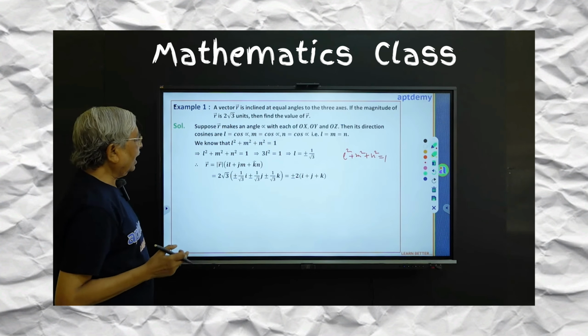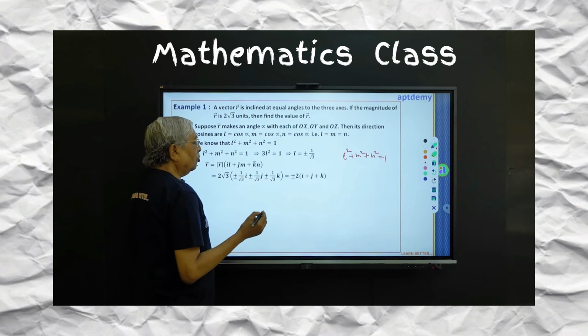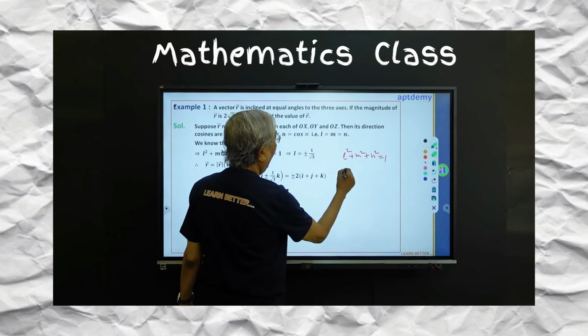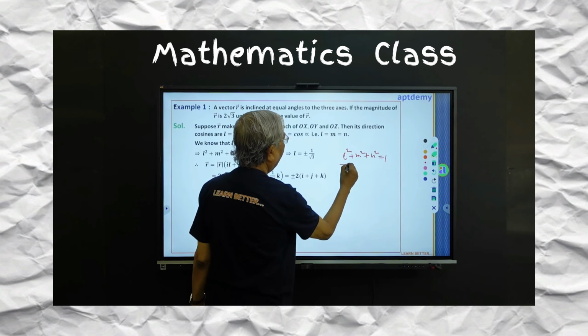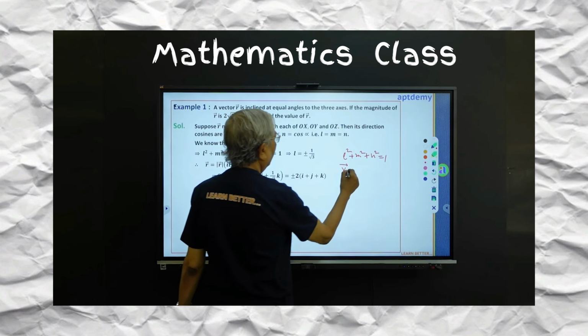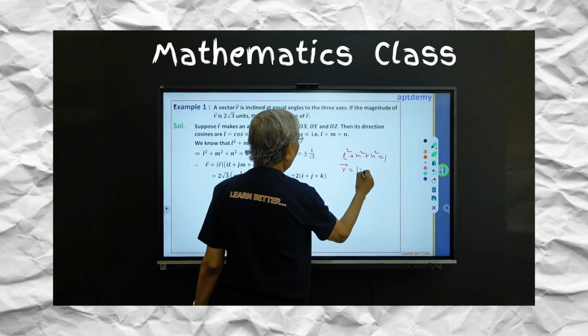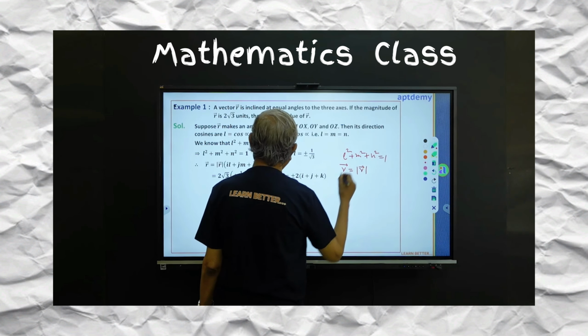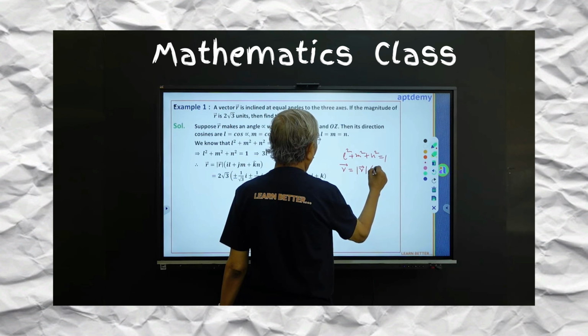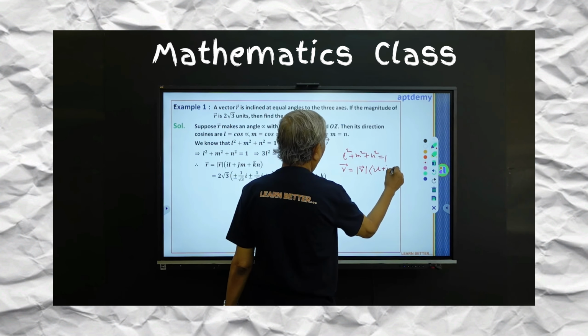Now what is our vector R? This vector R is equal to mod of vector R into I L plus J M plus K N.